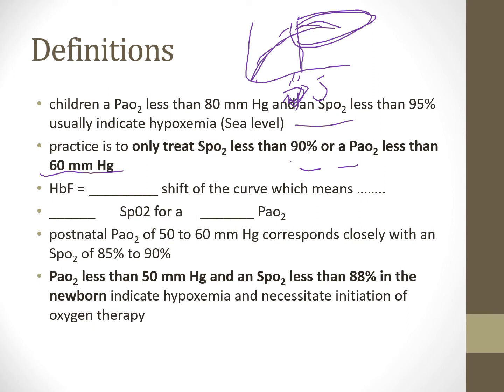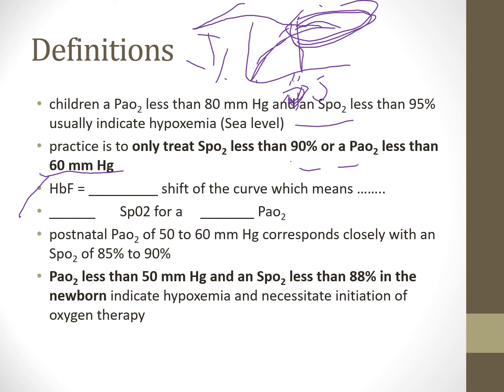If we have fetal hemoglobin, which most of our newborns do, that means it creates a left shift on the curve, which means this safety zone up here where their sats are greater than 90 is moving to the left, which means they'll have a higher saturation for a much lower pressure, right? That's not a good thing because that means their PO2s are lower, which means their ability to get oxygen into their tissue decreases, right?